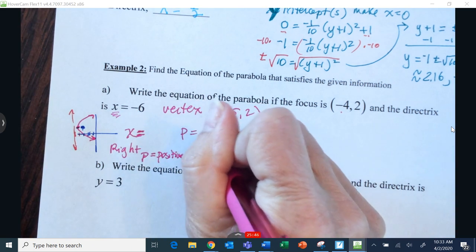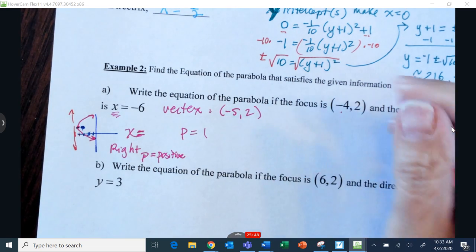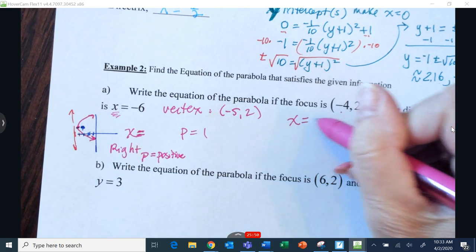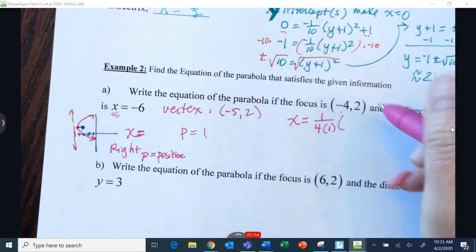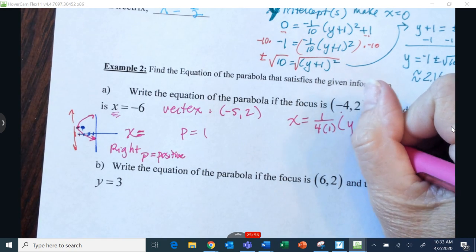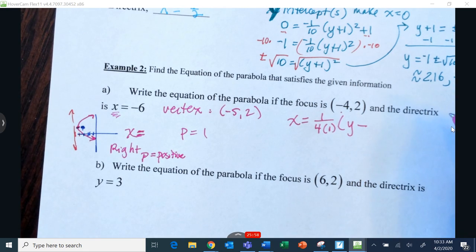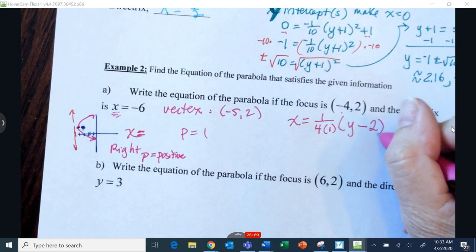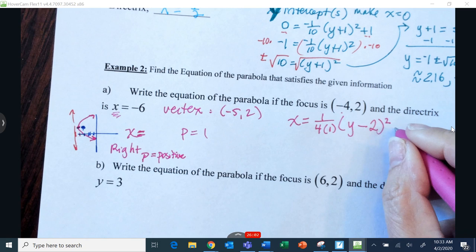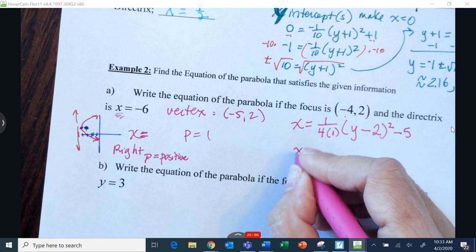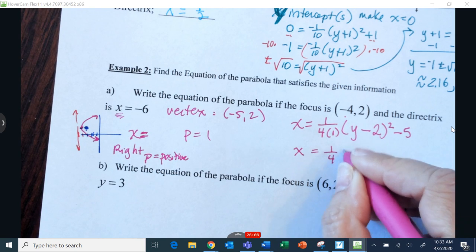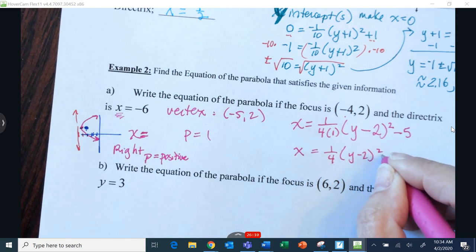So p is 1. We're going to write this equation: x equals 1 over 4 times 1, then (y minus k), so (y minus 2) squared, plus h, which is -5. So x equals 1/4 (y minus 2) squared minus 5.